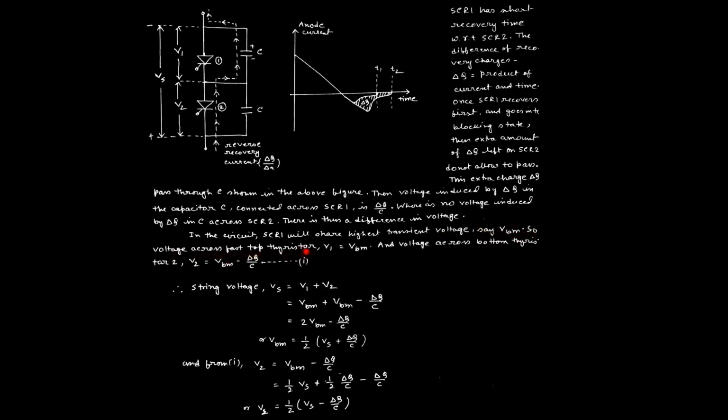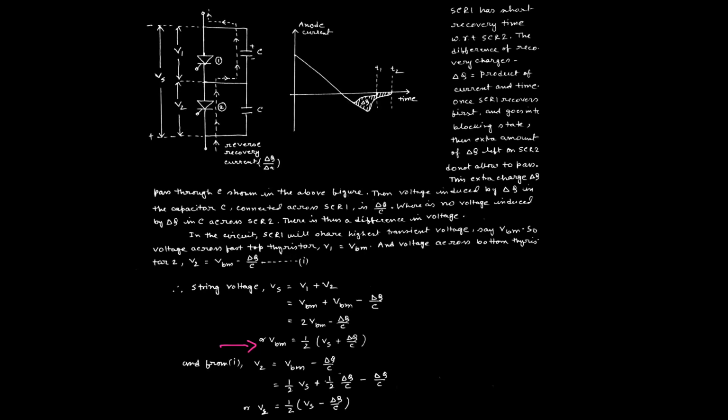So the voltage across the top SCR, V1, equals VBM, just assume, and the voltage across SCR2, suppose V2, equals VBM minus del Q by C. That is, if the first SCR voltage is V1, the second should be equal to VBM minus del Q by C. So we can write the expression for the total string voltage Vs, that is V1 plus V2, and we have taken the values from the above discussion, V1 equal to VBM and V2 equal to VBM minus del Q by C. That means 2VBM minus del Q by C. So after simplification, we get the result VBM equal to 1 by 2 Vs plus del Q by C.